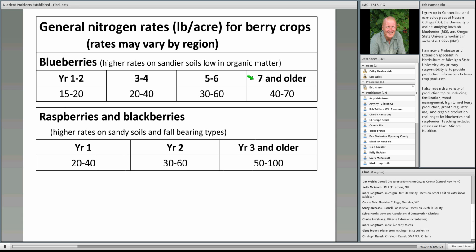Nitrogen rates for brambles. Here, again, starting at a somewhat lower rate, 20 to 40 pounds the first year, up to 30 to 60 pounds the second year, and then up to 50 to 100 pounds in the third year and older plantings. So again, the higher rates would be applied on sandier soils, and there's some indication that fall-bearing raspberries would require higher rates than, say, summer-bearing raspberries.